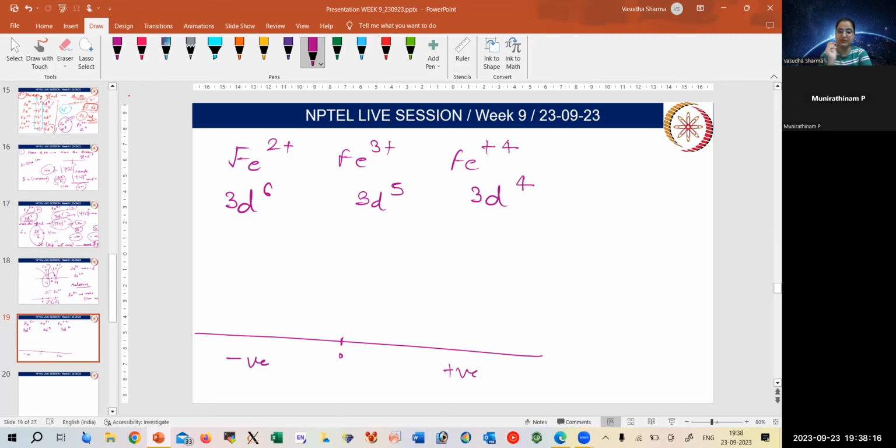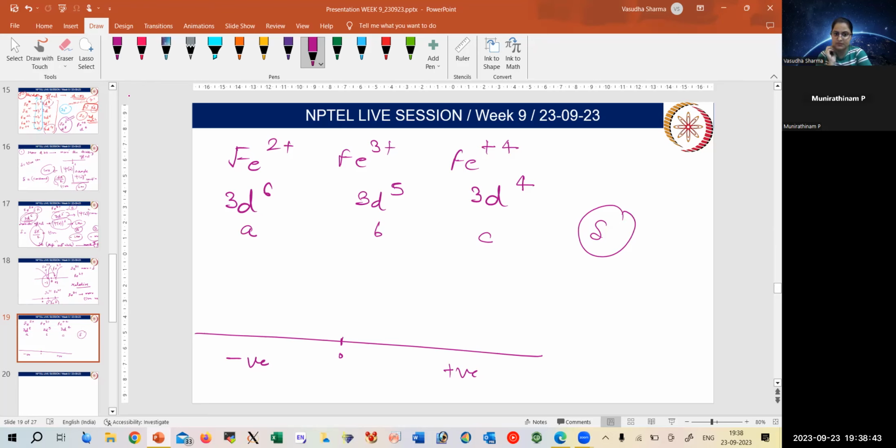So if this I'm saying A, this I'm saying B, and this I'm saying C. As we said that more the oxidation state, how is the delta value going to be affected? Which one is going to give you more value compared to the other? Which one would be on the positive side?